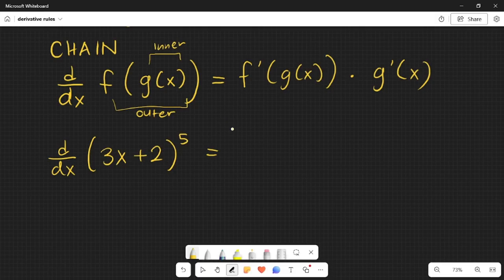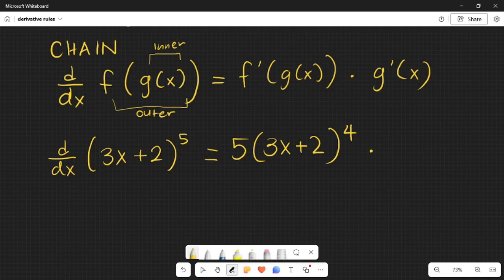Okay? So we're going to take the exponent and put it in front. So it would be 5 multiplied by 3x plus 2. And then we're going to subtract 1 from 5, so it would be 4, raised to the 4th power.